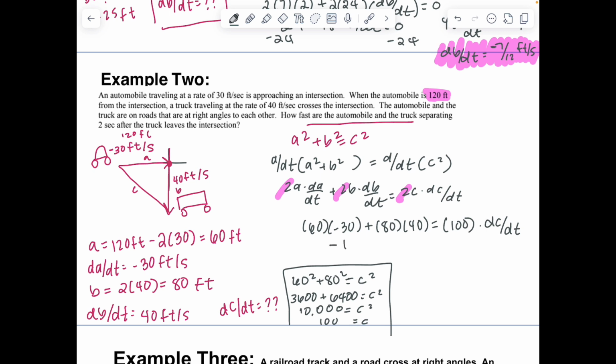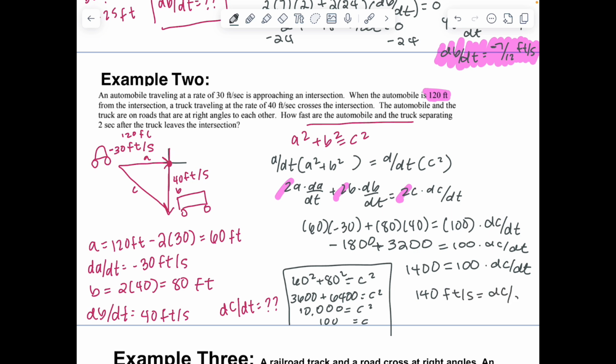So this is a negative 180. 80 times 40 is 320. But add a 0 to both of these, sorry. And then 100 times dc/dt. This gives us 1400 over 100 dc/dt. And then I would divide on both sides, and that would give me 140 feet per second, which is what dc/dt is.